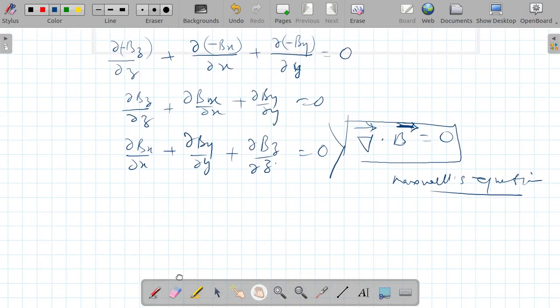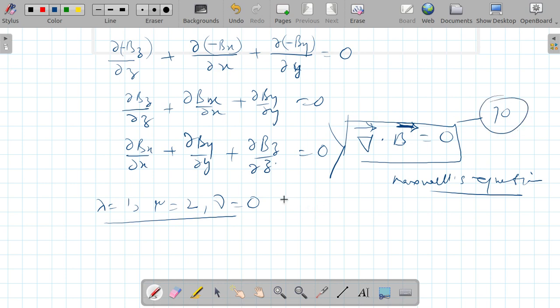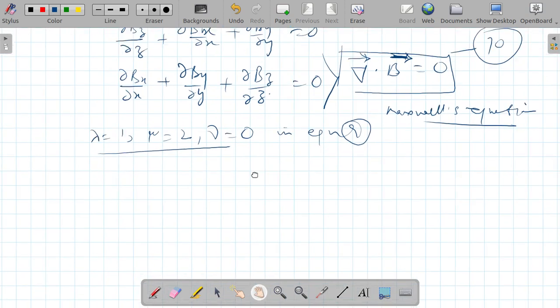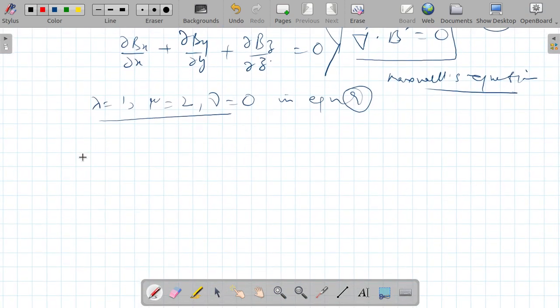Now, if I take λ equal to 1, μ equal to 2 and ν equal to 0, and substitute these values in equation number 9, then what we get is ∂F12/∂x0 + ∂F20/∂x1 + ∂F01/∂x2 = 0.